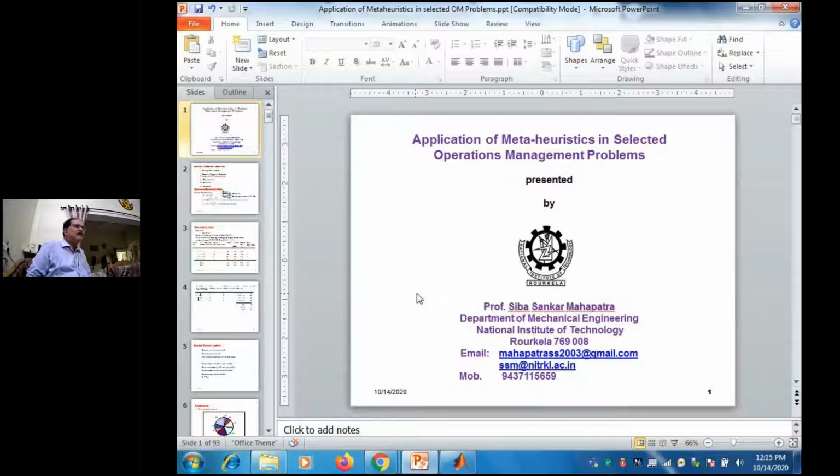So the first thing that I want to differentiate is, what is a combinatorial optimization problem? If you think of any optimization, you will have an objective function, either maximize or minimize, subject to some constraints.